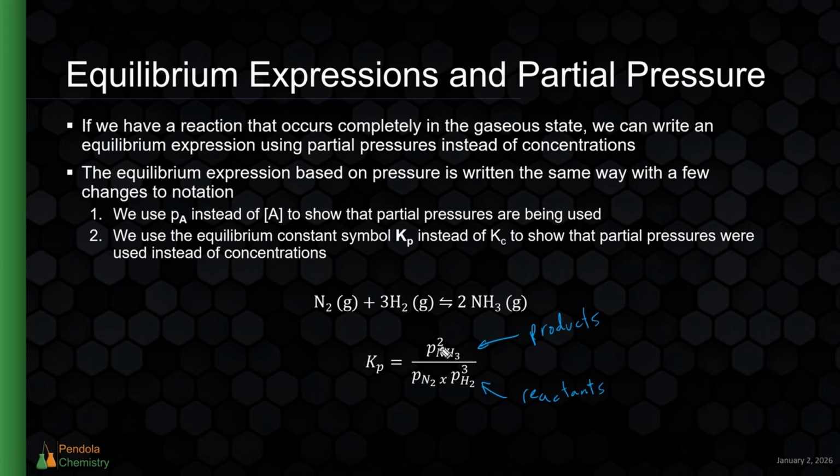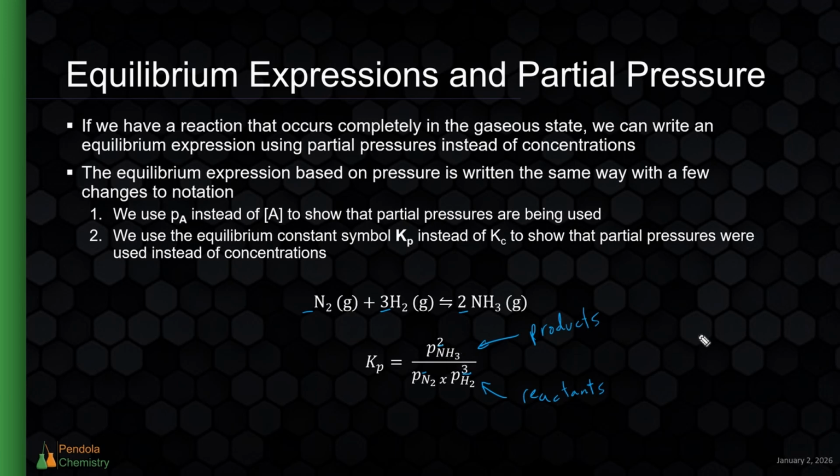And you'll notice that we still have that squared for the ammonia because of the coefficient. We still have that to the third for hydrogen because of the coefficient. And the nitrogen still to the first because of the coefficient. So it's still products over the reactants with their exponents being their coefficients. The only difference is that instead of doing brackets NH3 to show concentration, we're using PNH3 to show pressure.